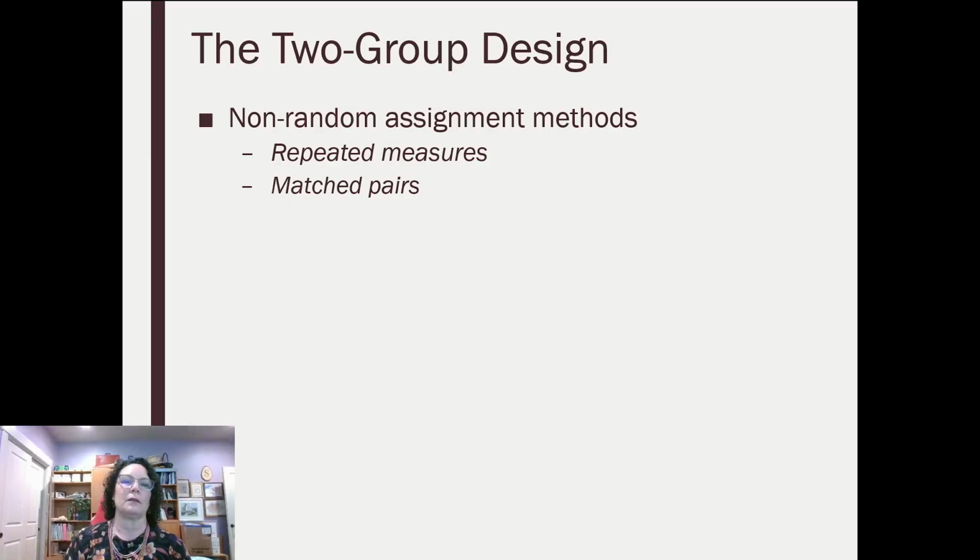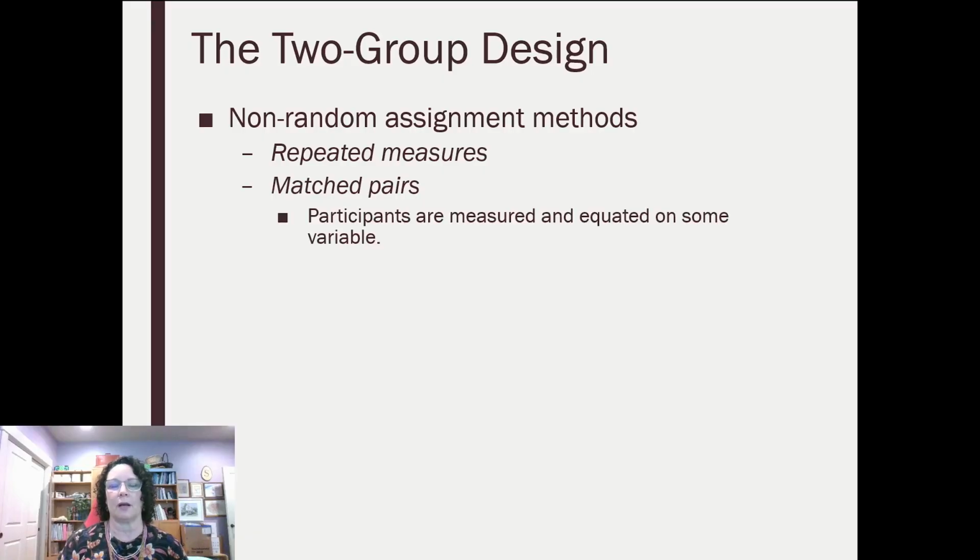All right, what about another non-random assignment method, which is a matched pair design? So sometimes we want to make sure that certain characteristics get evenly distributed between both groups. We're going to usually look for things that we think might be serving as a confound.